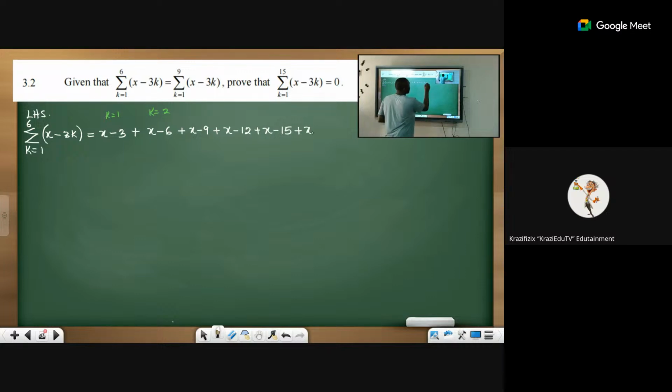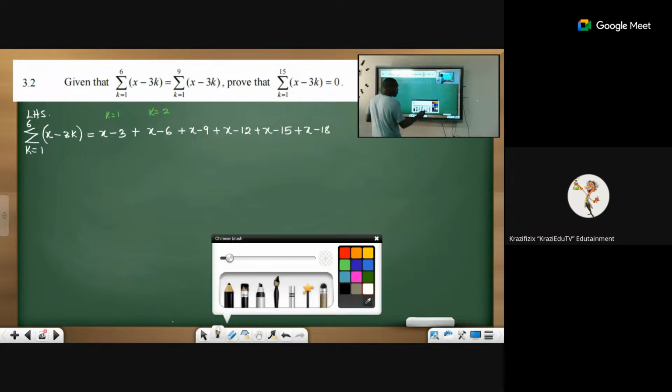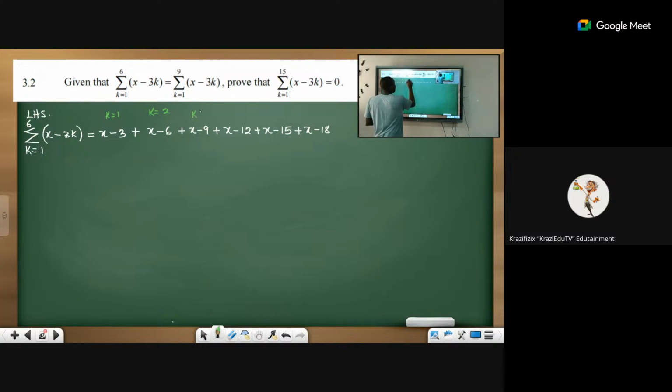We have to stop at 18. So k is 3 here, k is 4, k is 5, and k is 6.